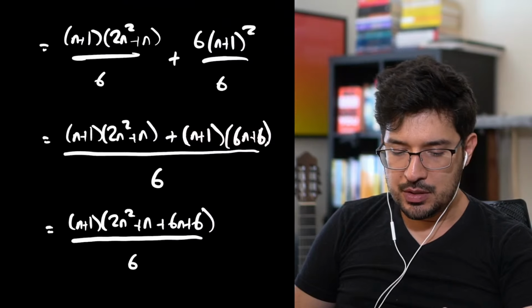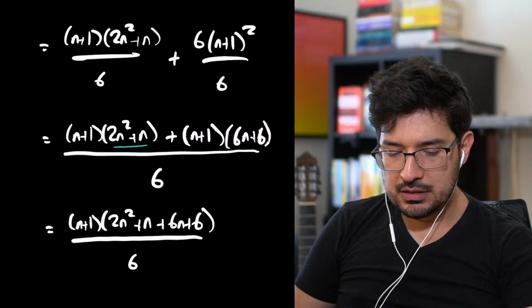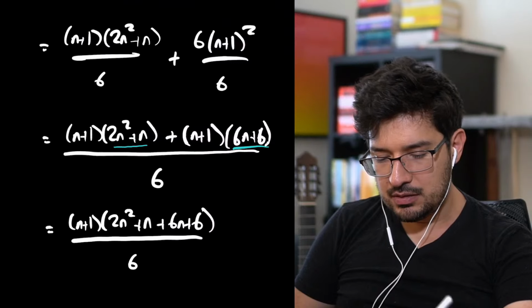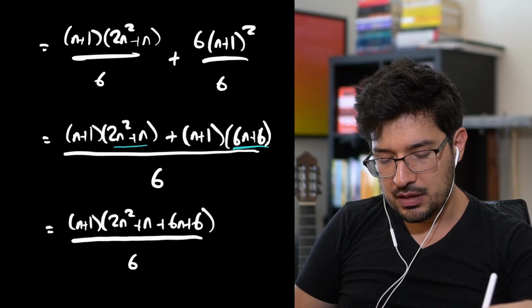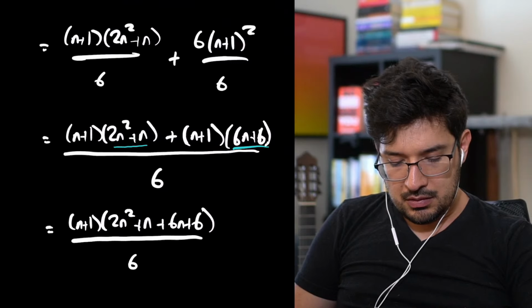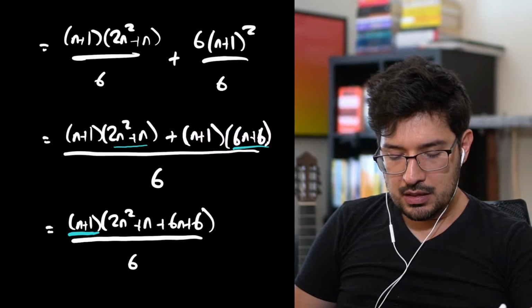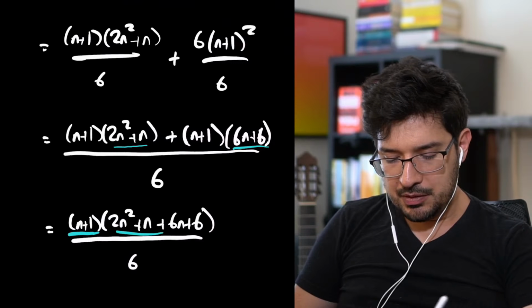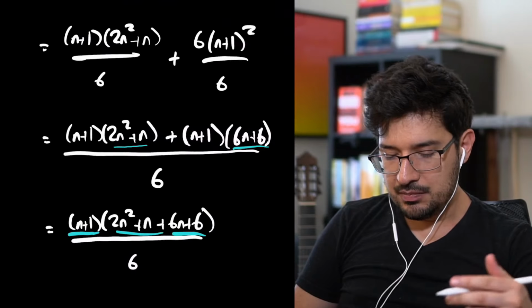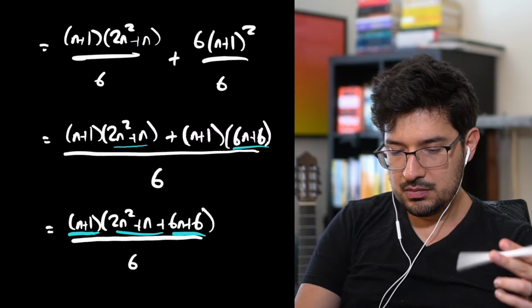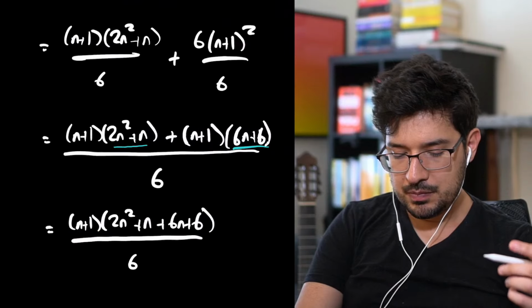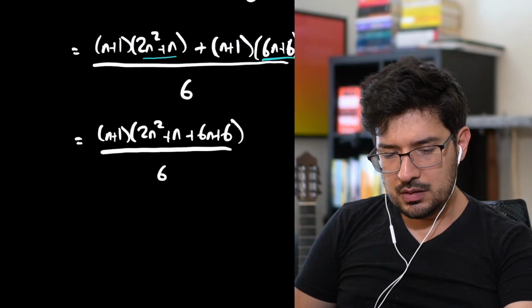I'm using the distributive property to factor out the common factor, and we have that common factor of n plus 1, and then 2n squared plus n and 6n plus 6 collected together in the next term.